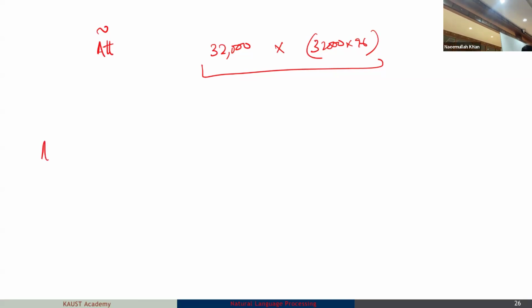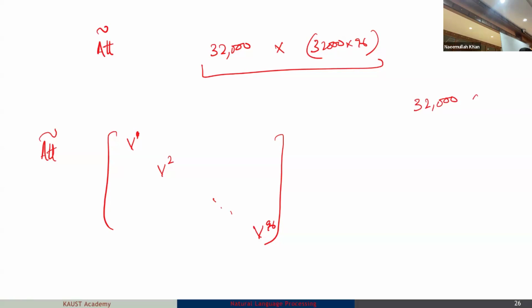So you take this attention matrix, we multiply it with the V matrix, but now I have to have V1 here, V2 here, all the way till V96 here. What was the shape of the V matrix? The V matrix was 32,000 times 128. I have 96 of these.